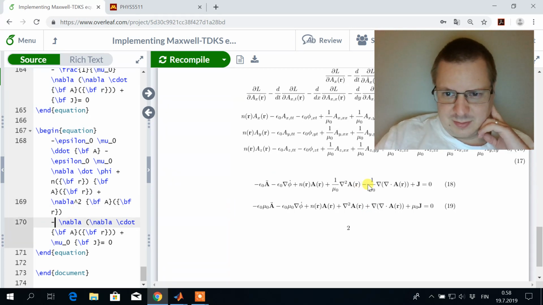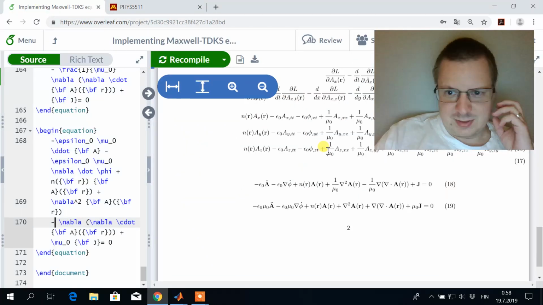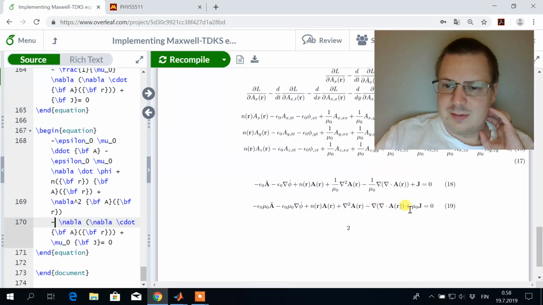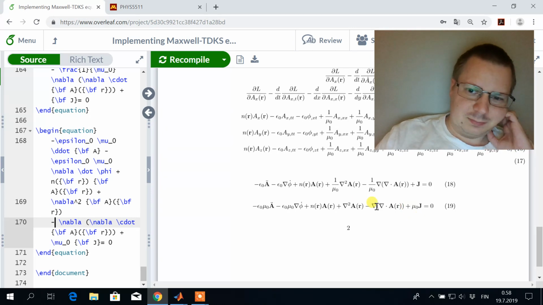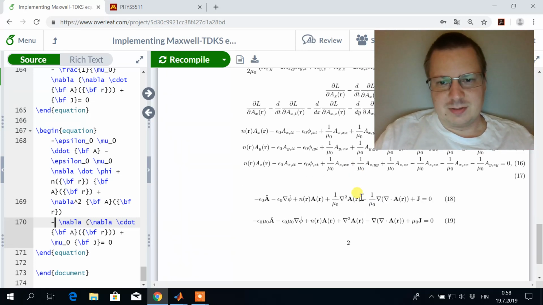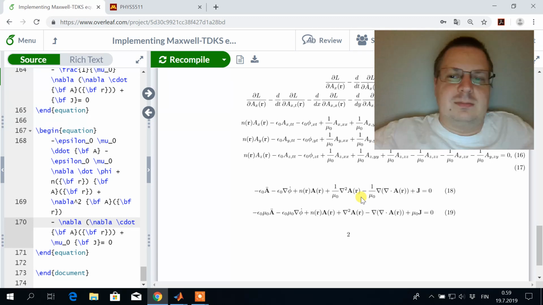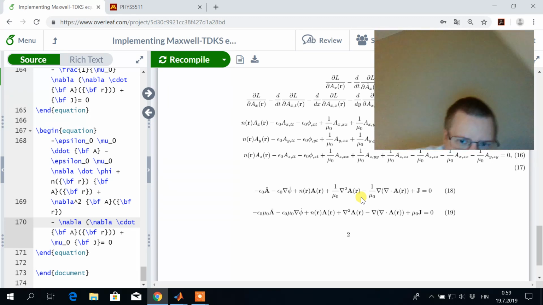It's correctly minus here. And then we have equals minus mu0 j. So we have it on the left side, so plus mu0 j. Okay. So we have derived the Maxwell Kohn-Sham equations. That was very instructive.